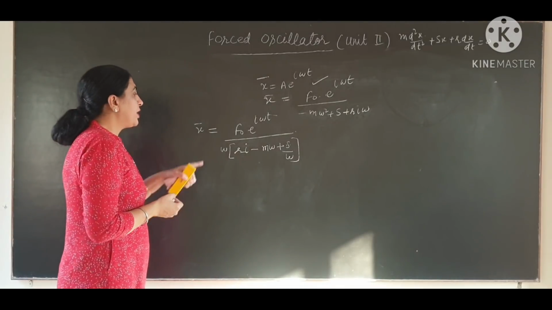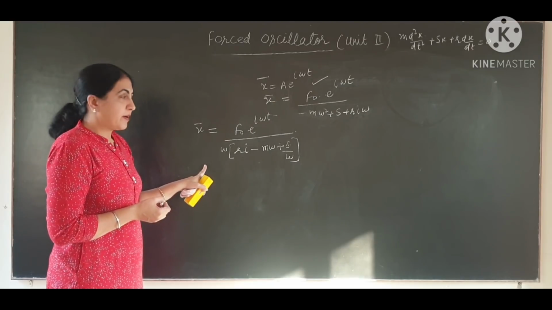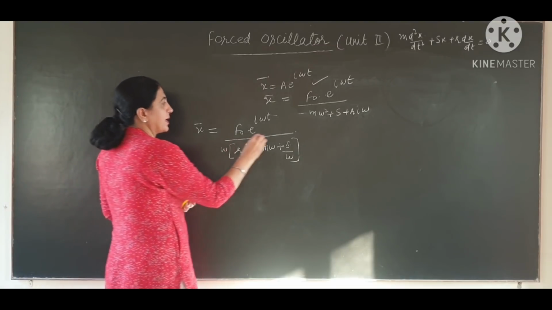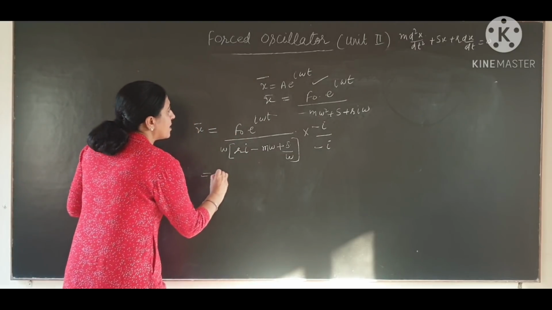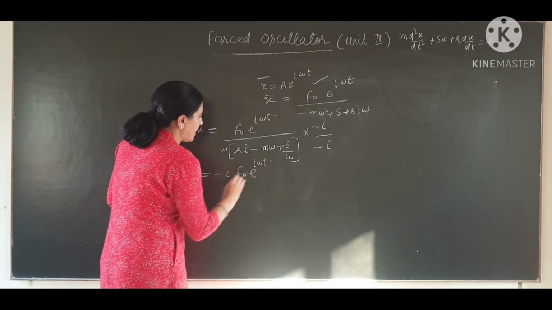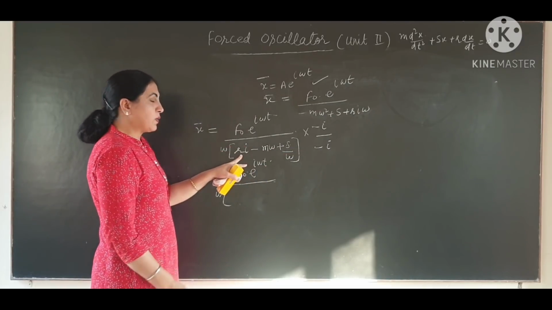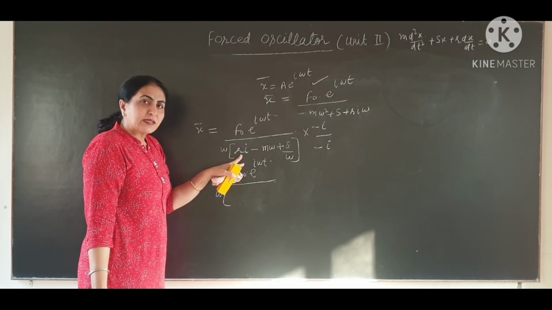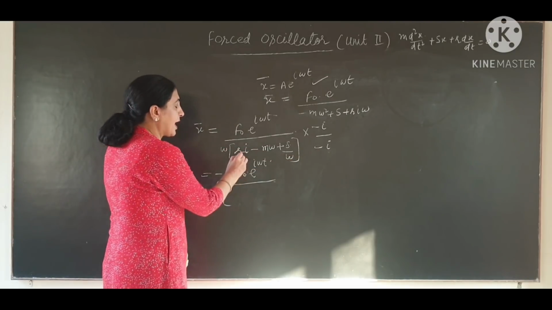Now multiply and divide it by minus iota. So we have minus iota f naught e raised to power iota omega t divided by omega. When minus iota goes outside, iota multiplied by iota is minus 1, and minus is already here, so minus minus is plus. So we have only r.